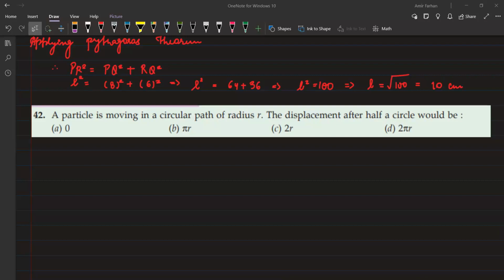So it follows a circular path. So 2R, is it C? C option is 2R. Yes, it's absolutely correct.